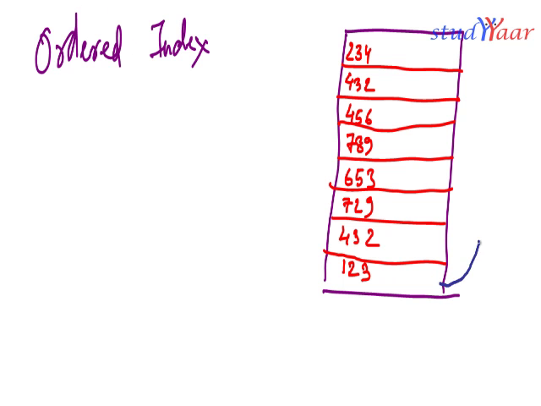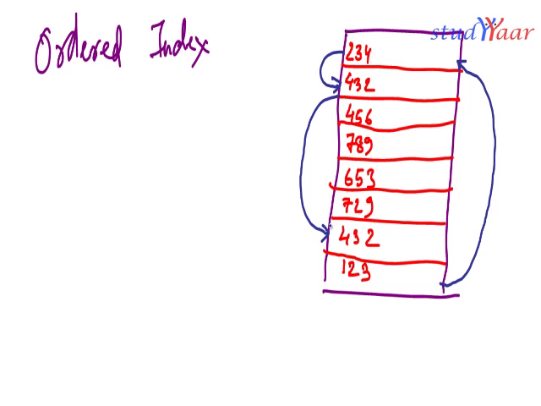So 123 would point to the next value, which is 234, and 234 would point to 432.